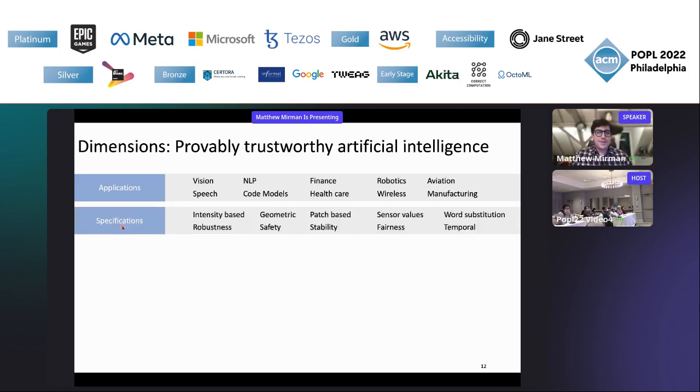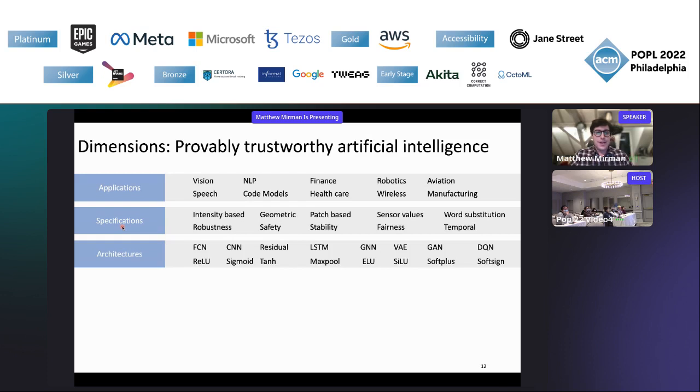The types of specifications that we use in each of these applications thus change significantly, from cases like geometric specifications, where we're looking at physical changes to the image, to fairness specifications, where we want to make sure that a model does not change based on signals that we know a priori are unimportant.